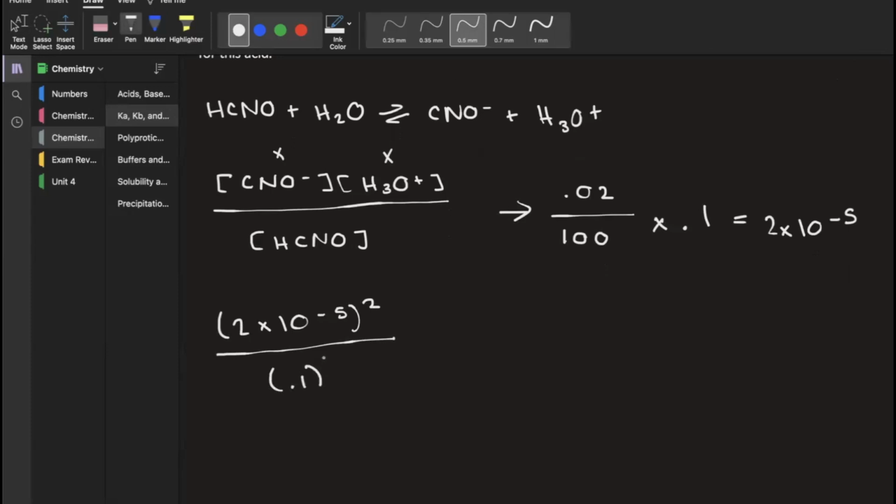Usually we just leave it at 0.1, but since we already know what x is, we can put that in: 0.1 minus 2 times 10 to the negative fifth. By solving this, we get 4.0 times 10 to the negative ninth, and that is our value for Ka.